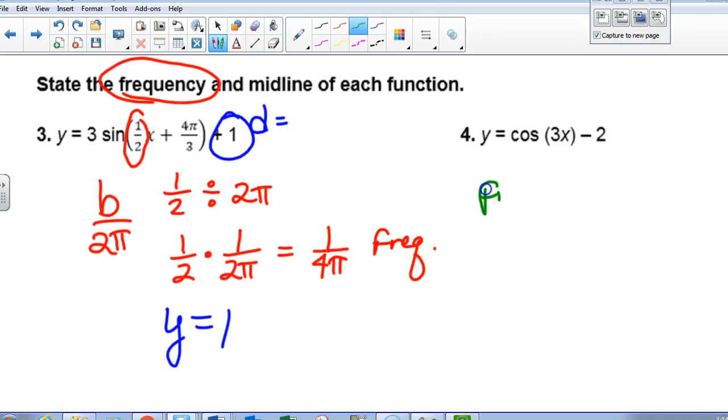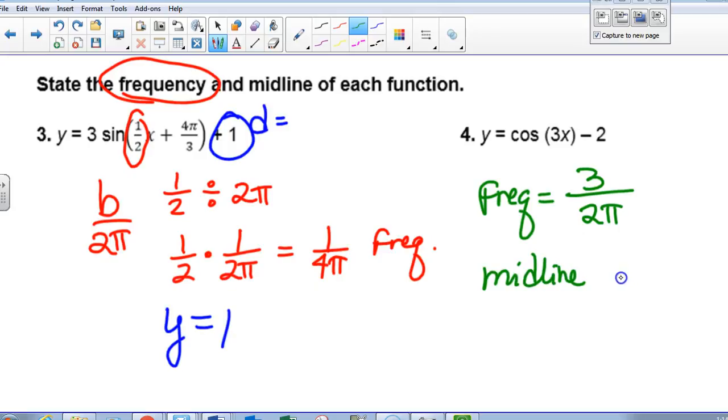The frequency is what? B over 2 pi. What's B? 3 over 2 pi. That's it. And the midline? Y equals -2. Yep. The vertical shift.